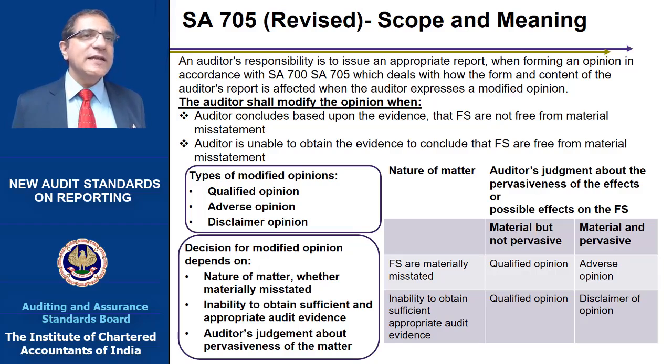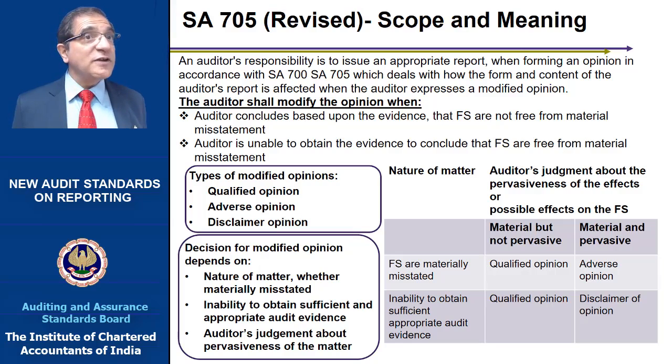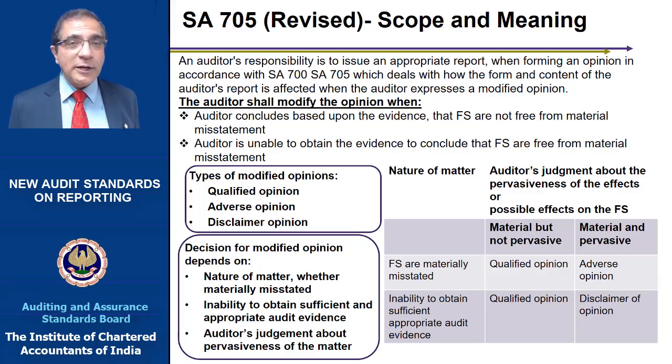Let's come now to the second scenario. In the first scenario, we presume that the auditor has all the information. In the second scenario now, the auditor is unable to obtain sufficient appropriate audit evidence, which means that the auditor has not got sufficient information to conclude on the audit.